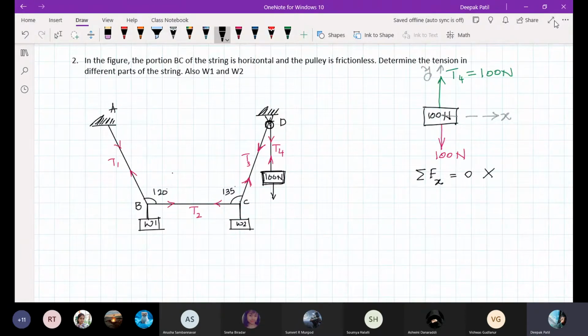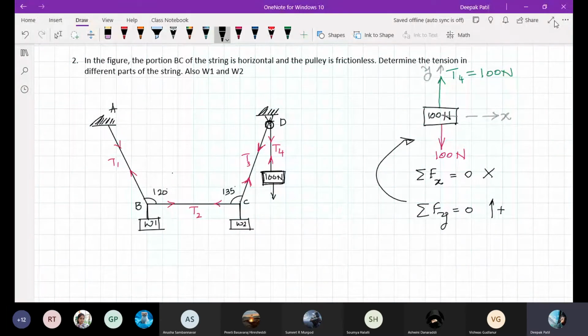No force is there in the x direction, so there is no need to apply summation of Fx equal to 0. So let me go for summation of Fy equal to 0. The sign convention I will follow is the same as I told you: all the forces in the upward direction I should take as positive. I will apply this for the entire system.